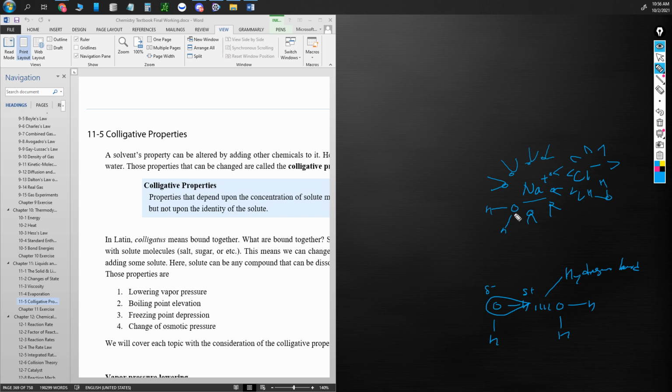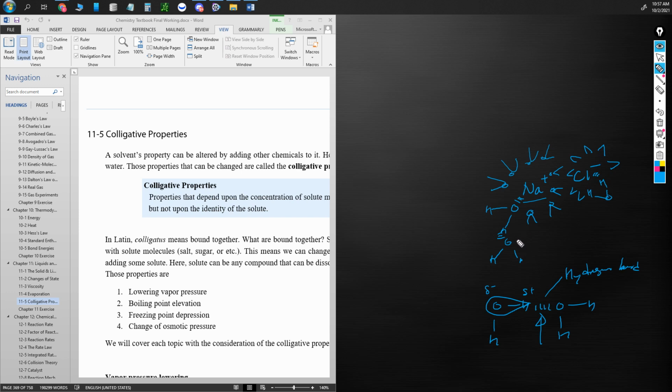So let's think about it. When you're thinking about evaporation, you know that we have to break this hydrogen bond off. When you're in salt water, not only are you breaking apart from another water, but also we have to break apart the stronger bond between oxygen and the sodium, or hydrogen with chlorine.